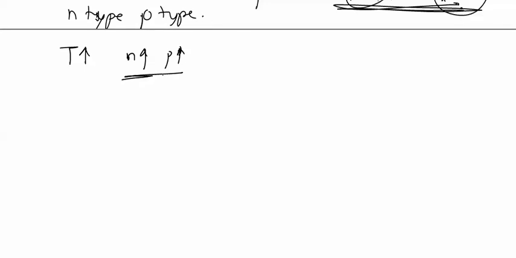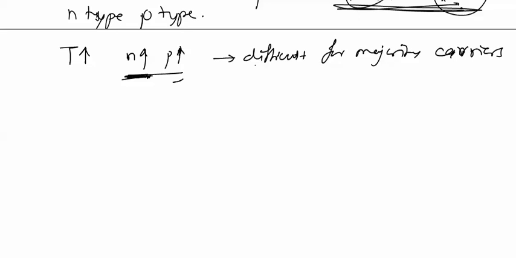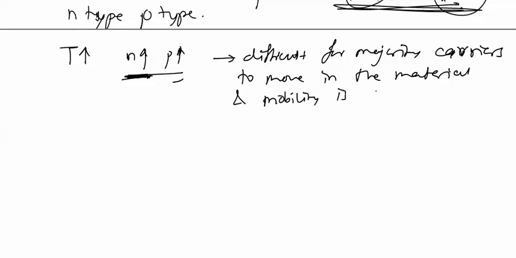So with this much concentration of majority charge carriers in extrinsic semiconductor, it becomes very difficult for majority carriers to move in the material, and mobility is badly affected by the temperature.